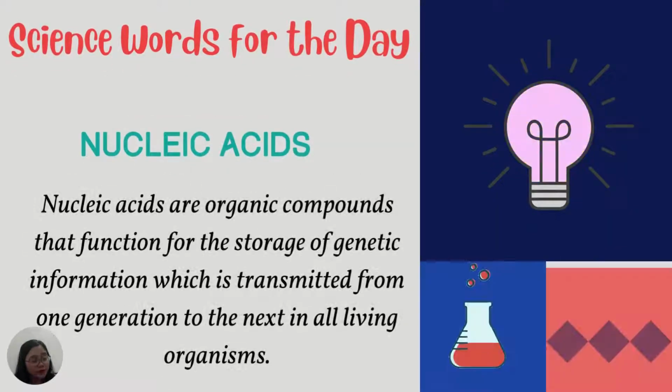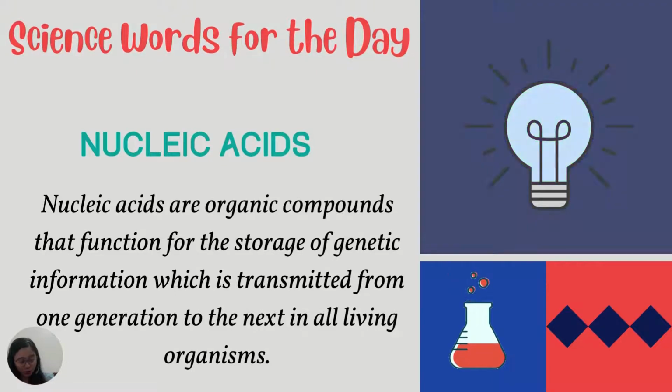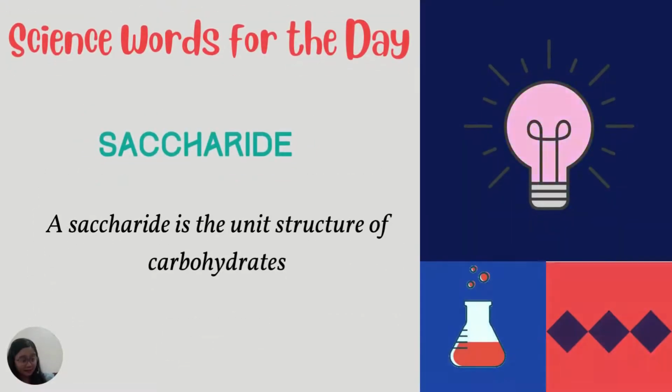And then you have the nucleic acids. Nucleic acids are organic compounds that function for the storage of genetic information, which is transmitted from one generation to the next in all living organisms. So remember our topic on DNA and RNA. Then we have also the term saccharide.